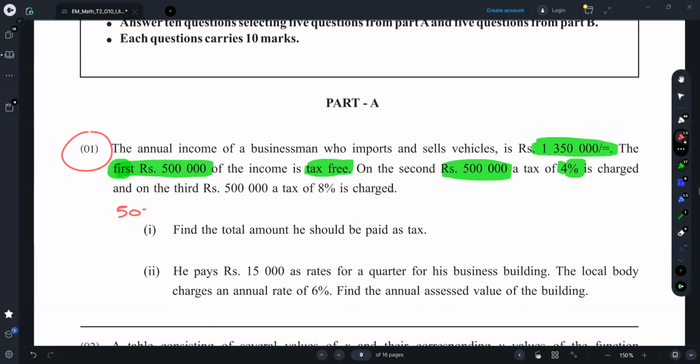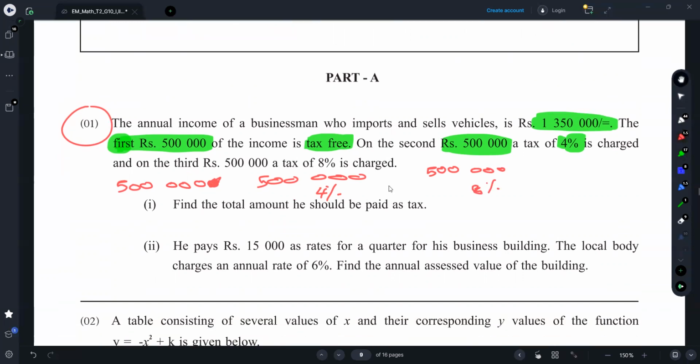The first 500,000 is free. The next 500,000 is 4%, and the next 500,000 is 8%. Find the total amount he should pay as tax.